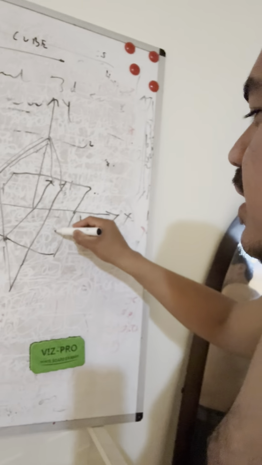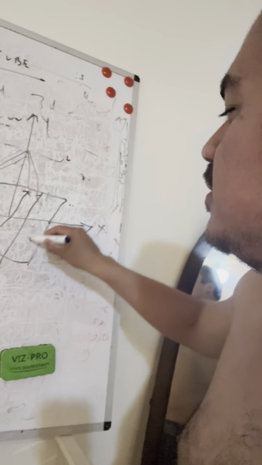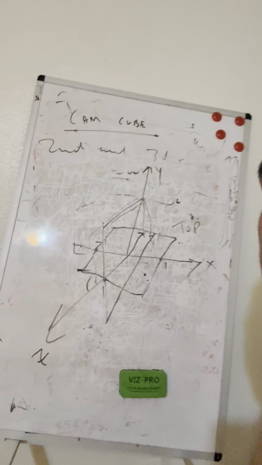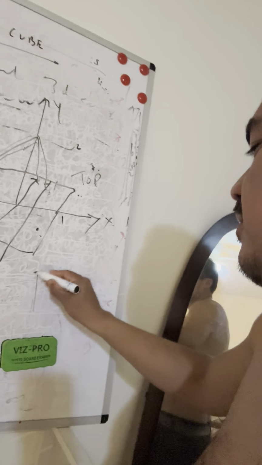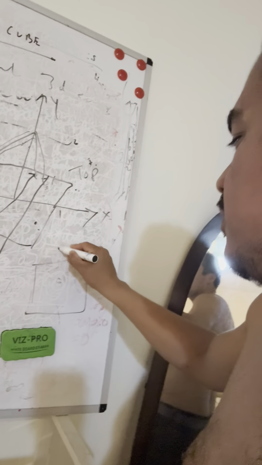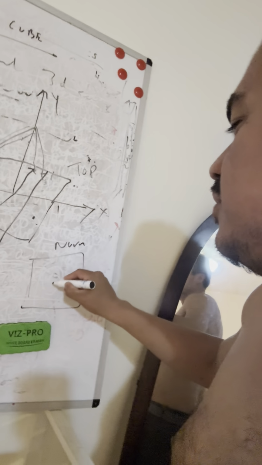So you pick a plane and then you make it normal to it. Like let's say you pick this, that might be considered the top. So then the program gives you a normal view. So this goes to this.